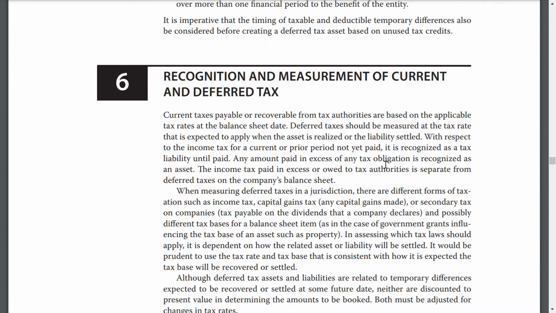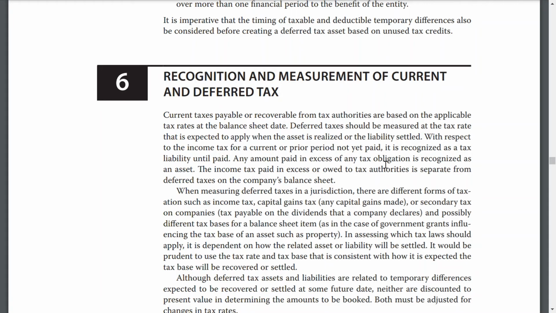Income tax for a current or prior period not yet paid is recognized as a tax liability until paid. Any amount paid in excess of any tax obligation is recognized as an asset. The income tax paid in excess or owed to tax authorities is separate from deferred taxes on the company's balance sheet.